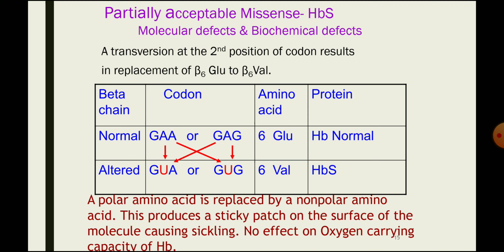There is no effect on the oxygen carrying capacity of the hemoglobin, but there is a decrease in mobility in the electrophoretic field, and in some conditions it causes anemia. That's why it is partially acceptable. Under certain conditions, such as high oxygen tension, it will precipitate hemolytic anemia. So that is why it is called a partially acceptable missense mutation.